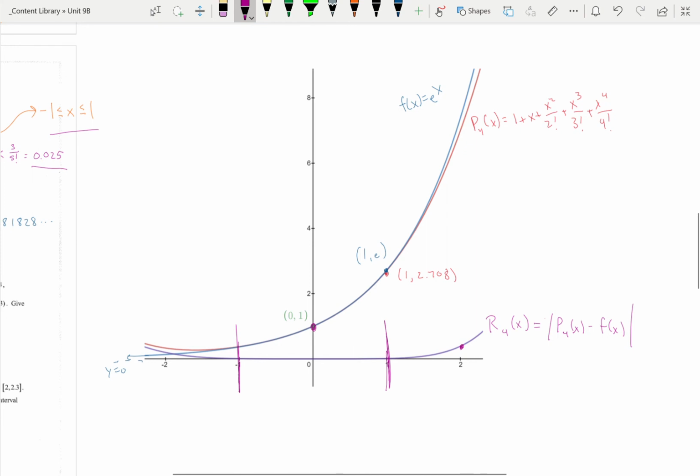I'm not really sure, but something definitely bigger than 0.025. And likewise, going in the opposite direction, if we go farther away from the center over here, to -2, perhaps the error is not quite as big, but it is definitely noticeably bigger over there as well. So this approximation is within 0.025 as long as we stay within a certain local area for this function.